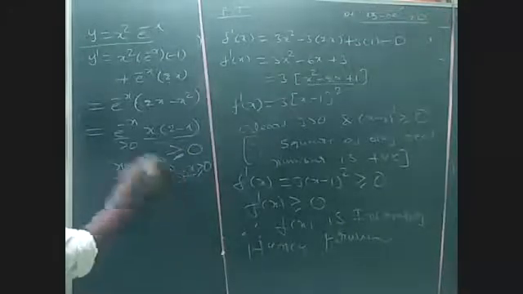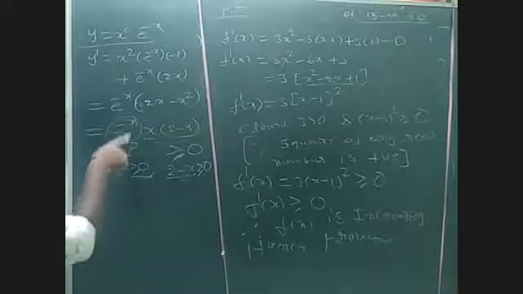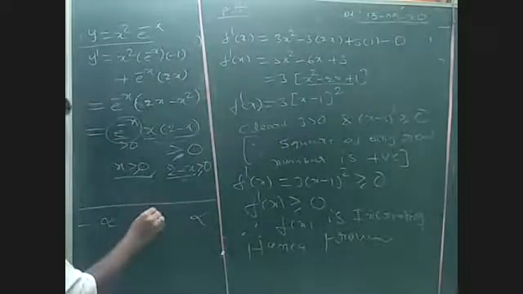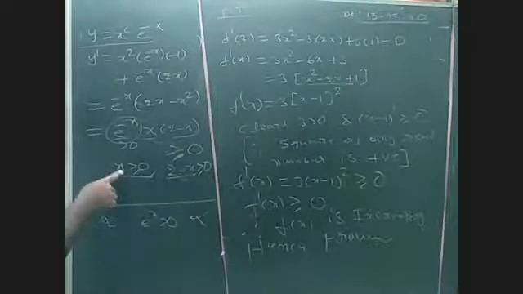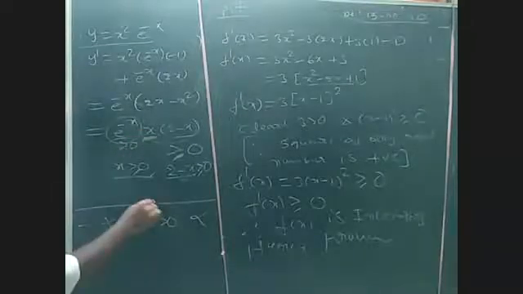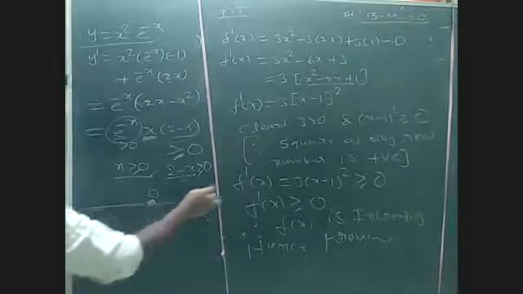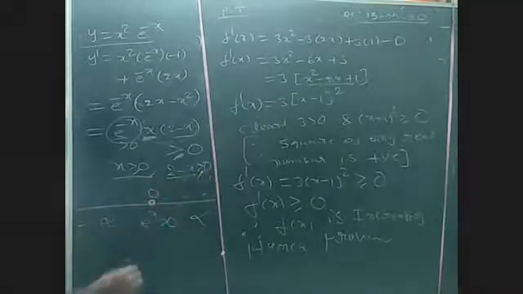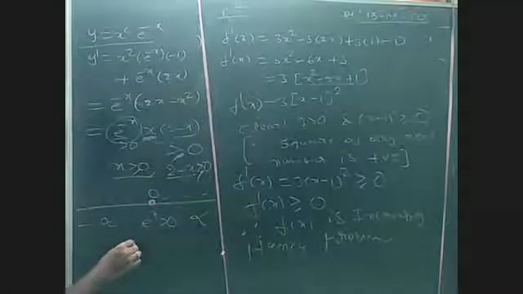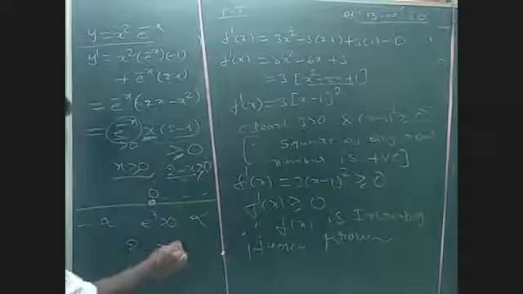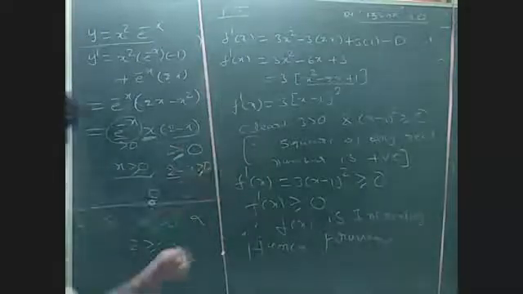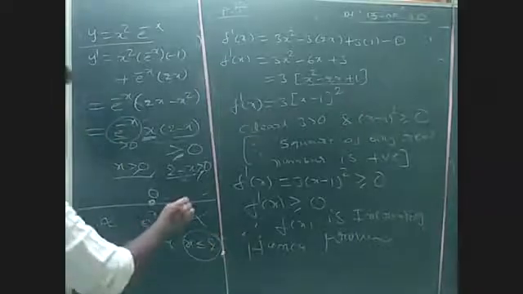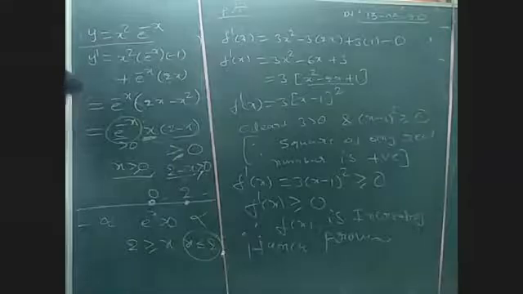Observe here, e power x is automatically greater than 0 for all values from minus infinity to infinity. But this x should be greater than 0. And now this 2 minus x greater than or equal to 0, then 2 is greater than or equal to x. Take x to the right side: x less than or equal to 2. So x must be greater than 2.